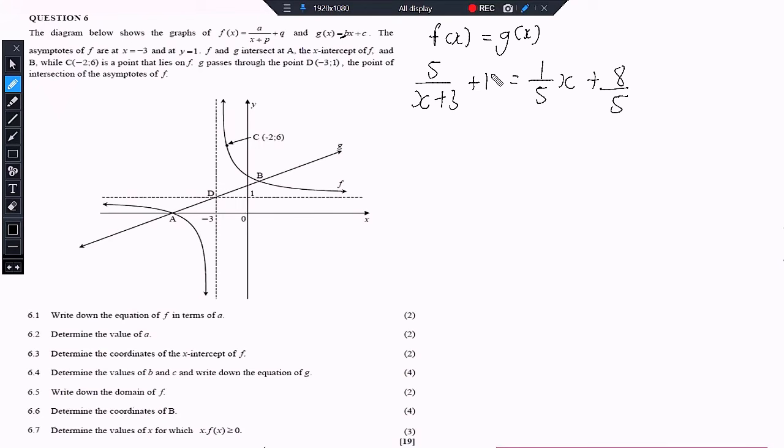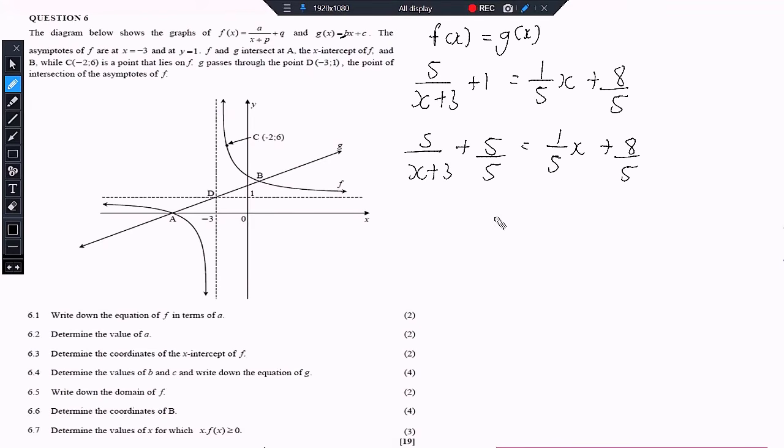Since all the rest here have a denominator of 5, how about we write this 1 in terms of a denominator of 5? This is just a quick manipulation. I can write 1 as 5 over 5. I did not change anything. 5 over 5 is still equal to 1. All I did is manipulate this so that it has the same denominator as the rest of the terms in the equation, right?